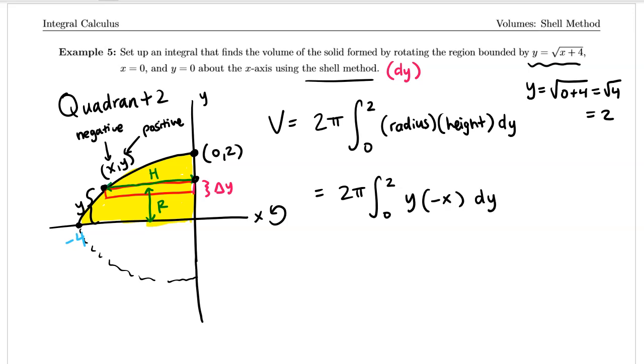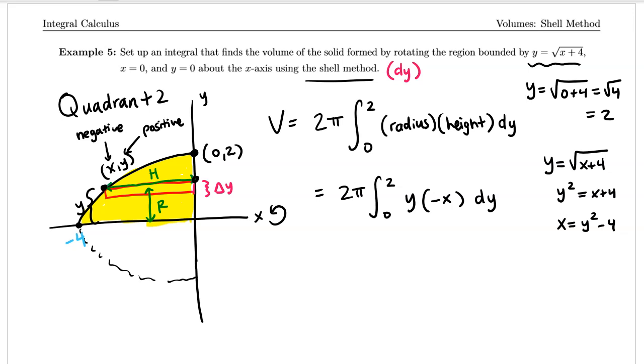But also we run into the issue that we're integrating with respect to y, so it'd probably be helpful if we solved our curve. So we have y equals the square root of x plus 4. I'm going to go ahead and solve this for x by squaring both sides. And then I'm going to subtract 4 on both sides, so I get x equals y squared minus 4.